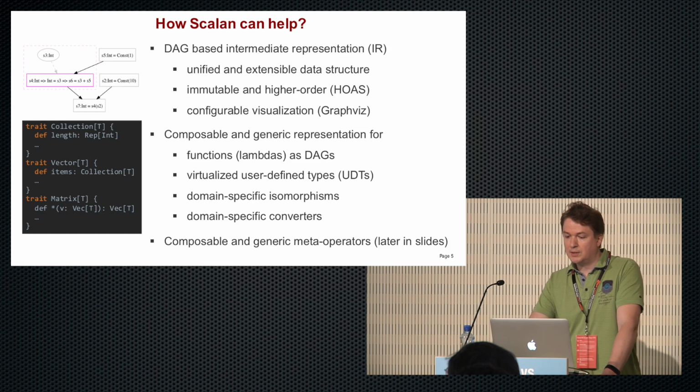So how can Scalan as a framework help with this complexity? The first thing is that Scalan provides a unified intermediate representation, which is based on graphs, directed acyclic graphs in particular.